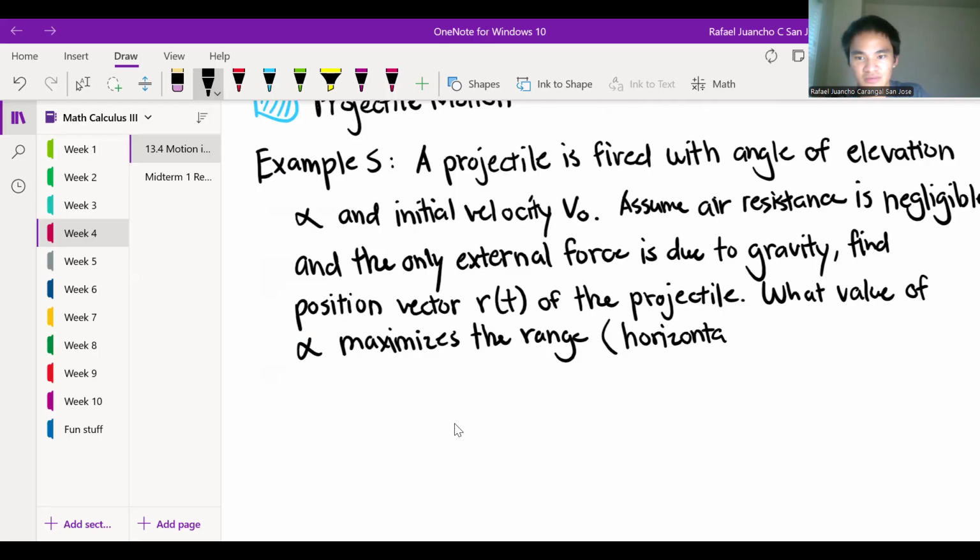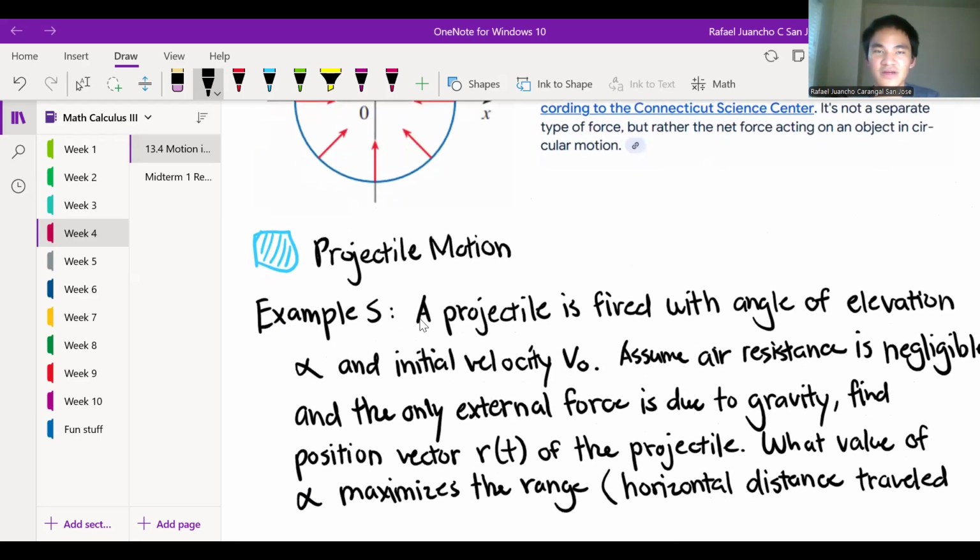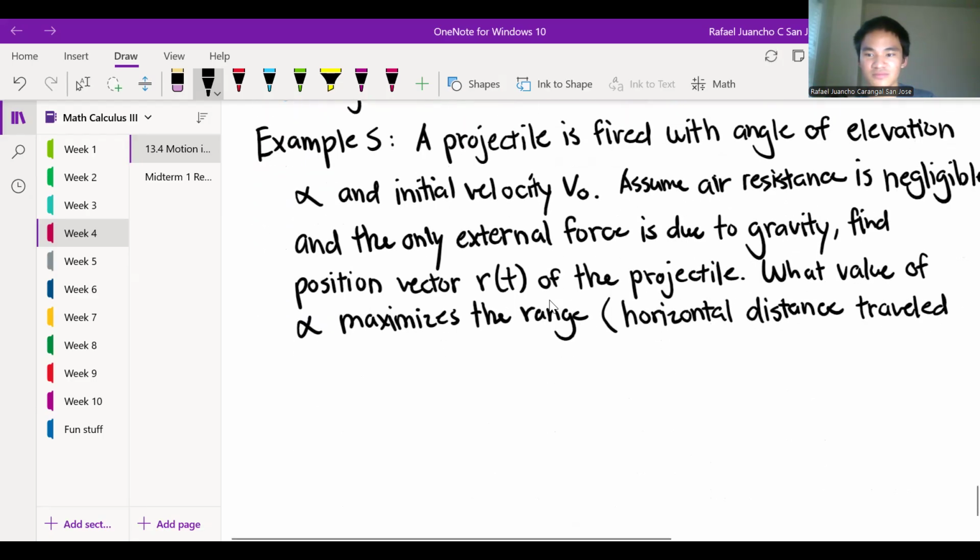So how can we make the most of that horizontal distance? Because obviously, if we put in more speed and if we fire it at a very optimal angle, we'll probably get farther, right? Our projectile will probably get farther.